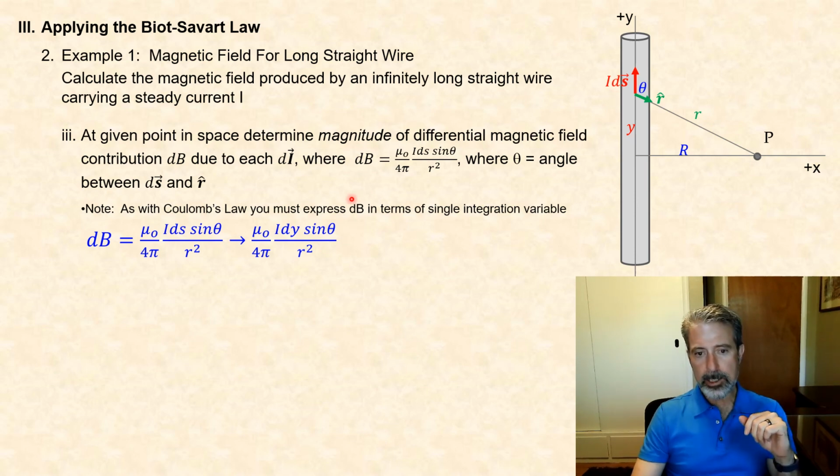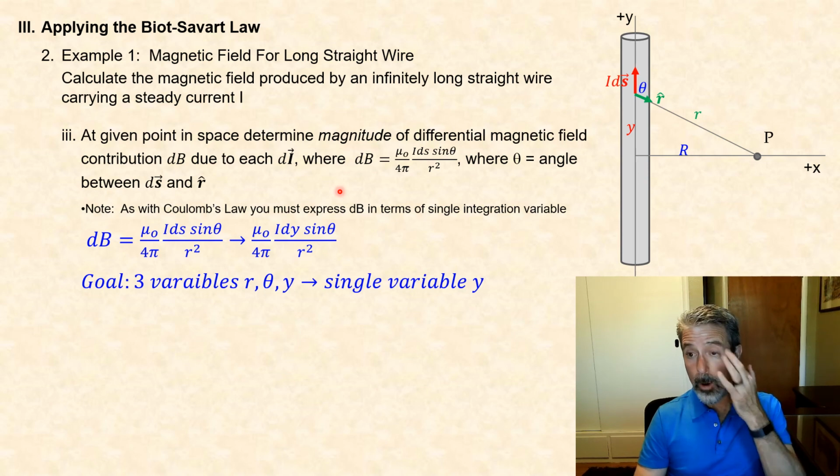When you look at this expression, you'll notice there are really 3 variables: r, theta, and y. So we've got to use a little bit of trigonometry, be creative, and get those 3 variables into 1. Well, that's not too hard, as we're going to see. We can express r and theta in terms of a single integration variable y.